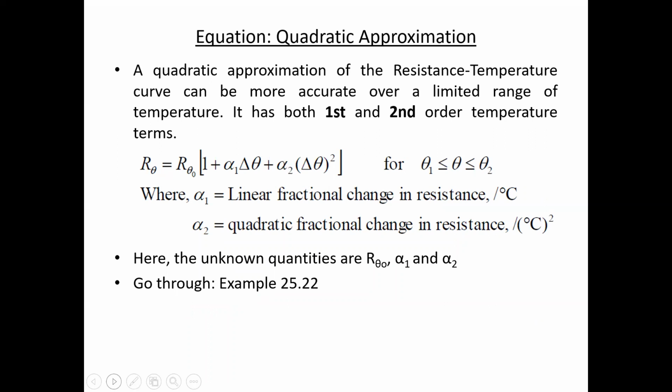As the relationship is non-linear, a more accurate approximation would be the quadratic approximation. So often, instead of considering only the linear fractional change in resistance, the quadratic fractional change in resistance with respect to the change in temperature is also considered for the quadratic approximation.